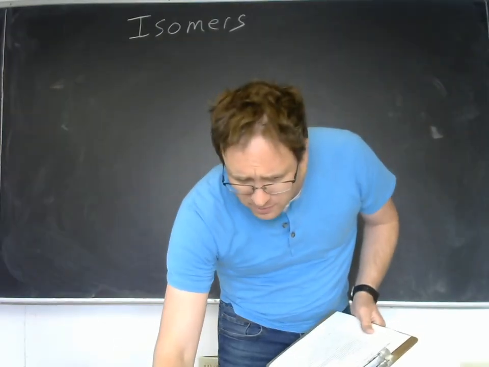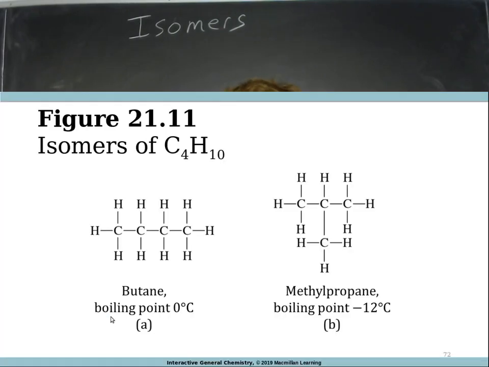Let me give you an example of some isomers. Butane and 2-methylpropane both have the same formula of C4H10, and they've got different boiling points. They would have perhaps slightly different reactivities for halogenation and other reactions. These two isomers are pretty similar to each other.